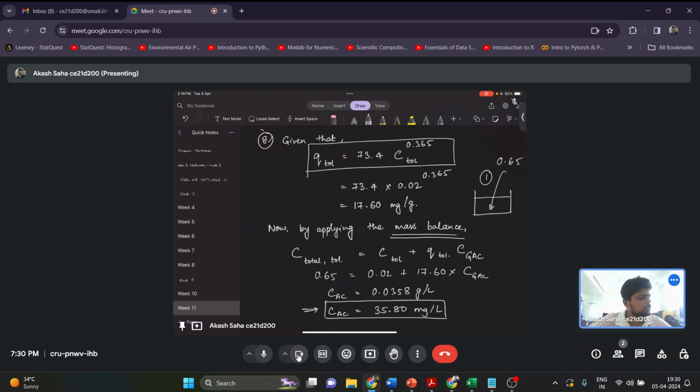Later, let's see in case 2, in which I have added some granular activated carbon. So some portion of the contaminant will be absorbed on this and the final concentration in water will be 0.02. Okay, so like this we can solve this problem. Please note it down and then we'll move forward to the next question.